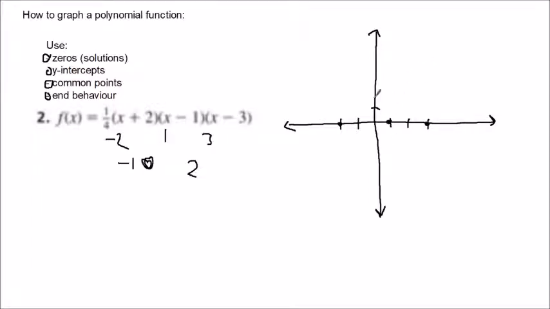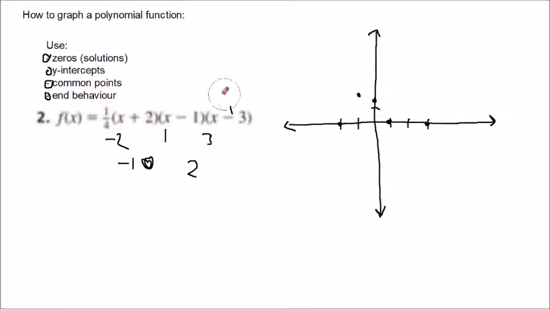So let's say it's right there. And then negative 1, if you put negative 1 in there, that'll be positive 1, negative 2, and negative 4, so that'll be positive 2. That'll be probably there.